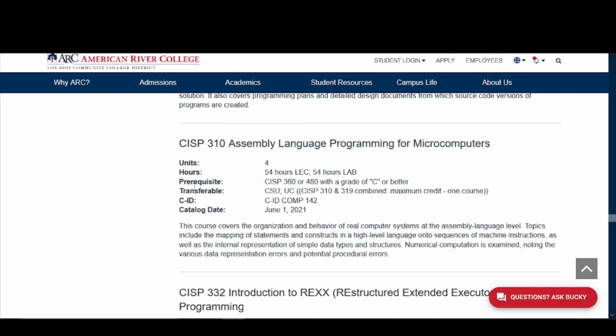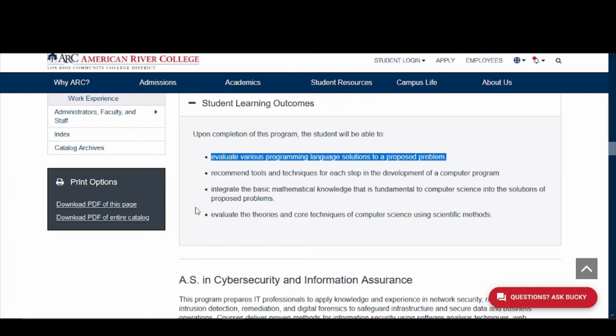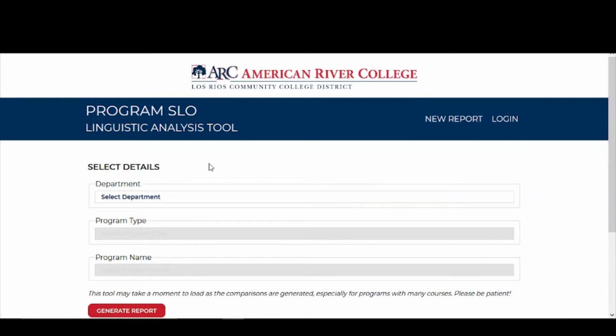The meaning of the learning outcomes might match up, but it's not going to be exactly the same. So it's very time consuming to compare them, which makes it difficult for the committee to get this done in a timely manner, which is the problem the program SLO Linguistic Analysis tool was designed to solve.